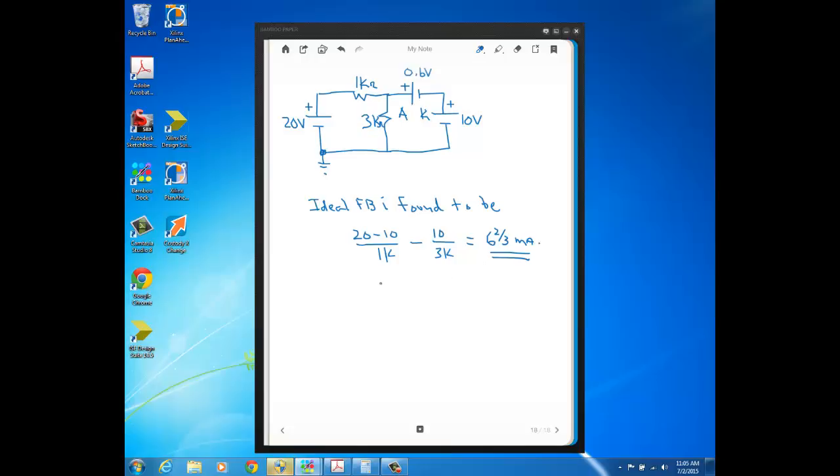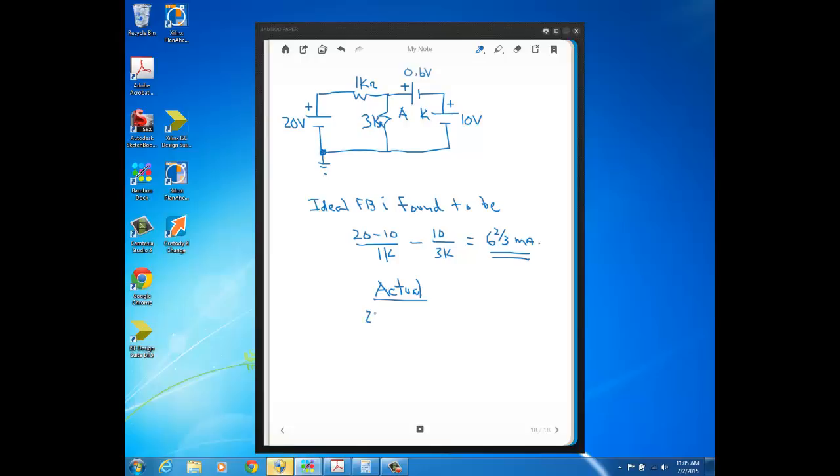Now we're going to do the actual. Again, the difference is we have to account for the voltage drop across the forward bias actual diode, this 0.6 volts. So now the current through the 1K is not going to be 20 minus 10 like in the ideal case, it's going to be 20 minus 10.6. You see these two voltage sources are in series, so their voltages just add between this ground node and the node here where the 1K, 3K, and the plus side of the 0.6 volt source connect.